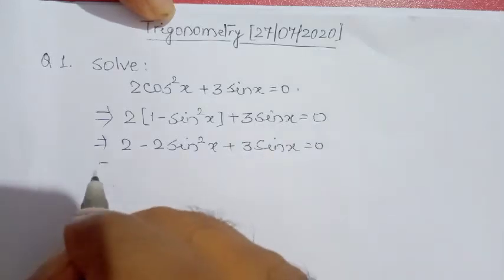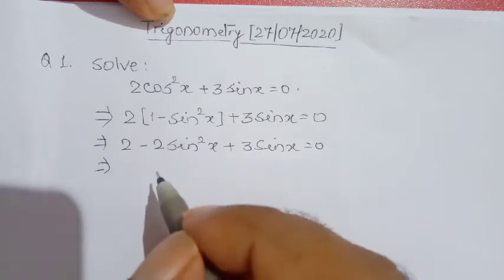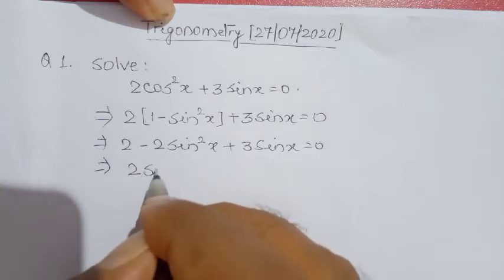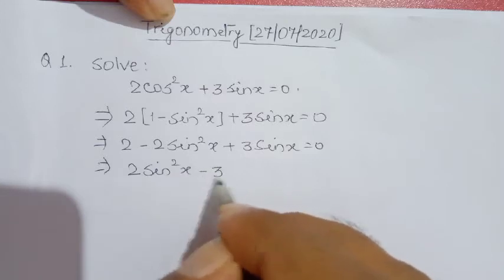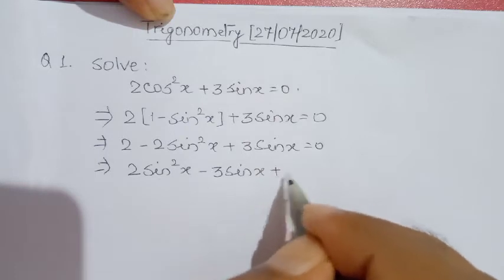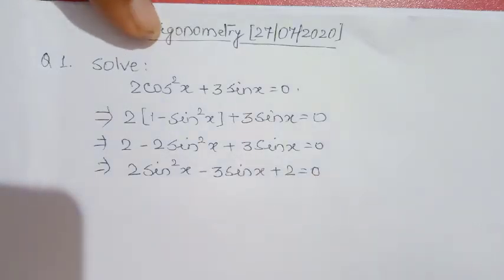Multiply both sides by minus 1, then it should be written as 2 sin square x minus 3 sin x plus 2. After rearranging the terms, this equation becomes a quadratic equation in sin x.